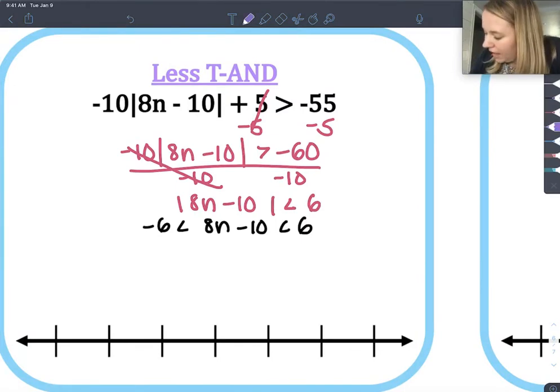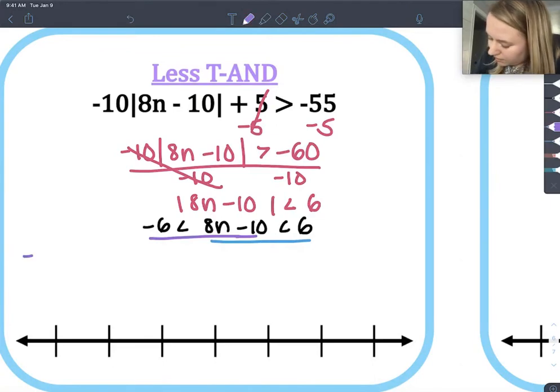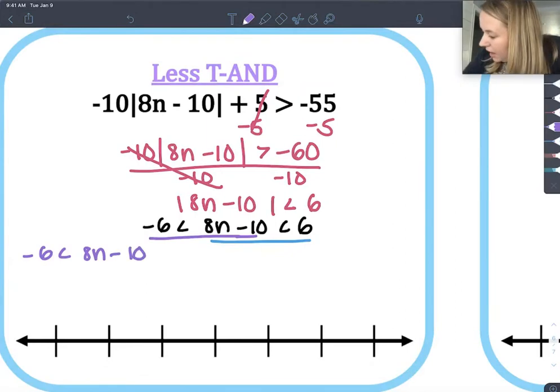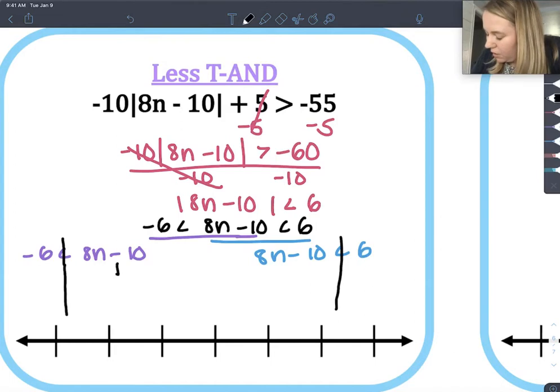And we're going to have our two inequalities. So negative 6 is less than 8n minus 10, and 8n minus 10 is less than 6. For both of these, we are going to add 10.